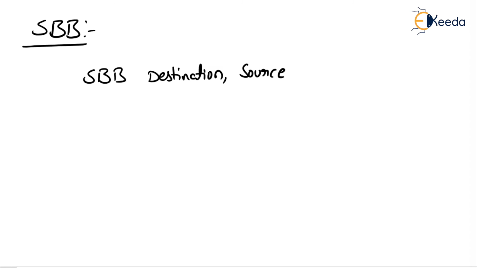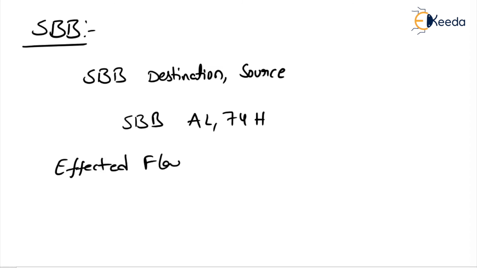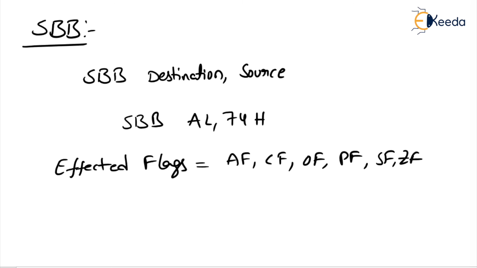Now coming to the example, SBB AL, 74H. With borrow also it is affected. So what are the affected flags? The auxiliary flag, carry flag, overflow flag, parity flag, sign flag and zero flag.